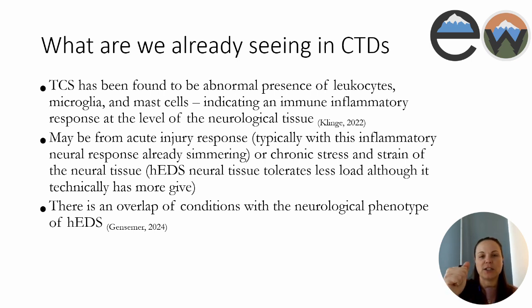So if you try to stretch the neurological tissue, even though it's stretchy and has abnormal movement compared to the general population, it gets angrier faster and more reactive faster. And you can end up with some of these inflammatory reactions from abnormal spinal cord movement. So I'm not trying to say that everybody out there that has tethered cord syndrome only has some sort of inflammatory pathway with the immune system.